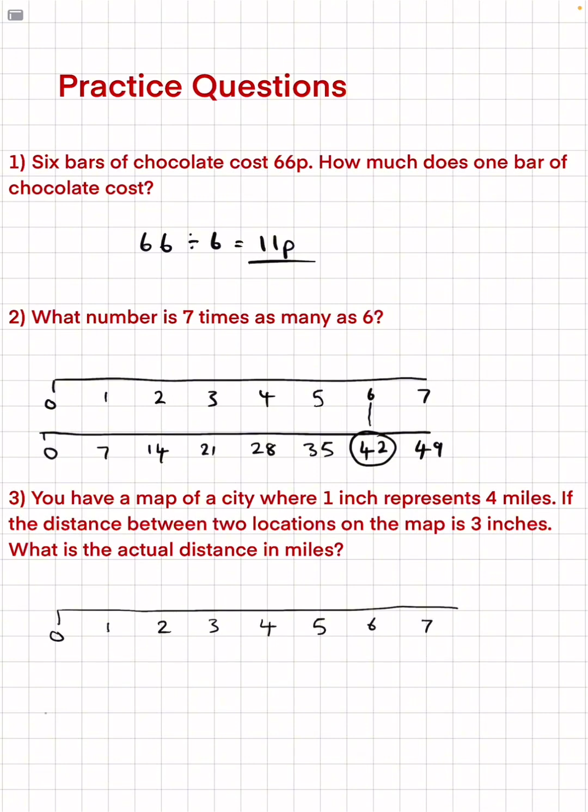And now we're going to draw another number line and go up in 4s. So 4, 8, 12, 16, 20, 24, and 28. So 1 inch represents 4 miles, 3 inches represents 12 miles. So the answer is 12.